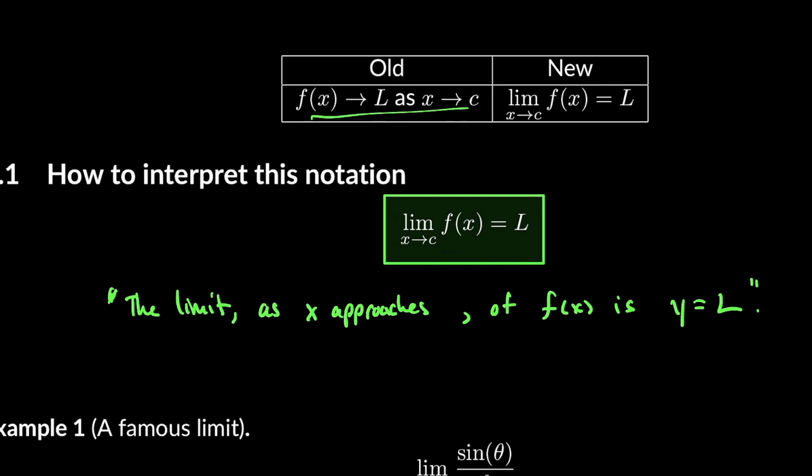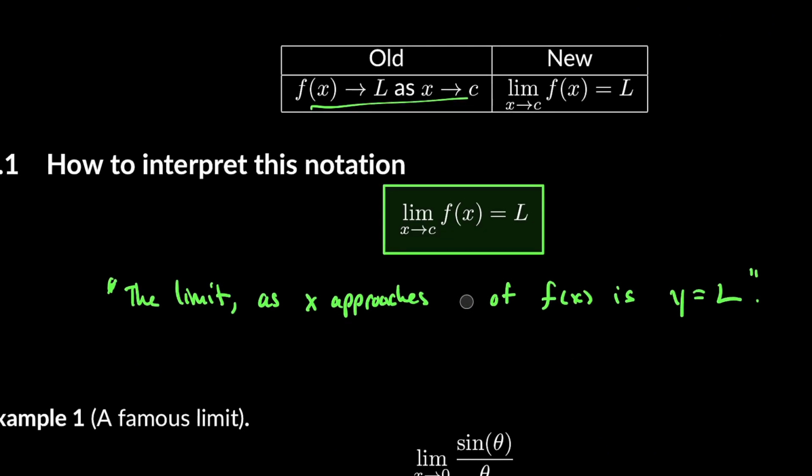So the limit as x approaches x equals C of f of x is y equals L. So the output seems to be heading towards this value L as the x input is getting closer and closer to this value C. Now, this is a very informal definition, but it's going to be good enough for our purposes for right now.